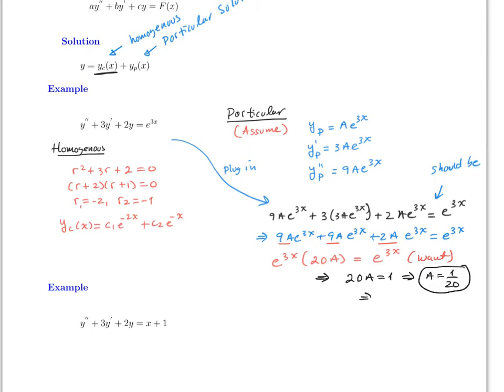So therefore, the particular solution is going to be yp equals 1 over 20 e to the 3x.